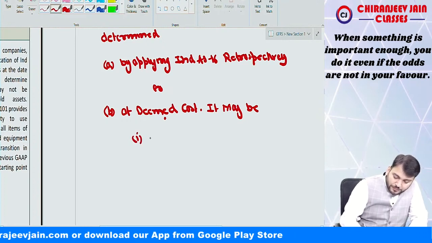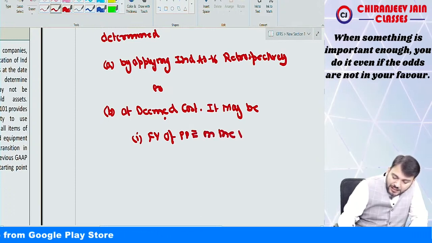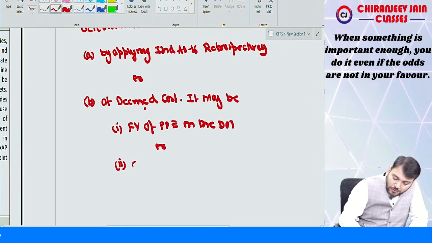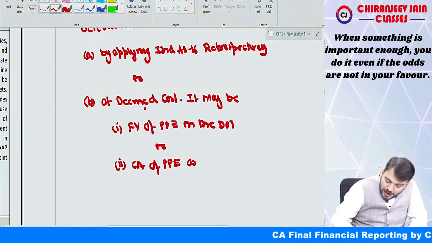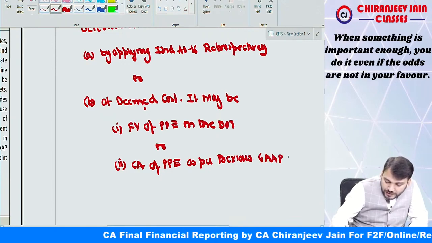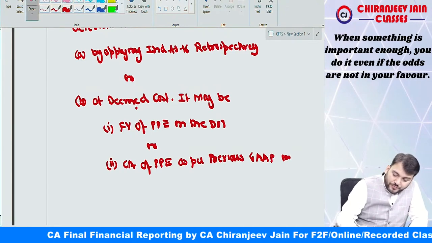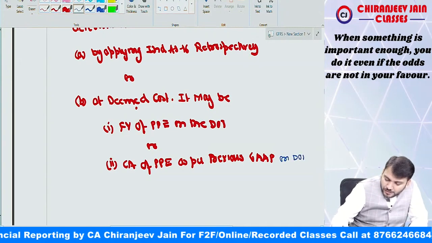It may be point number 1, fair value of PP on the date of transition, or carrying amount of PP as per previous GAAP on the date of transition. I hope you remember. Correct?